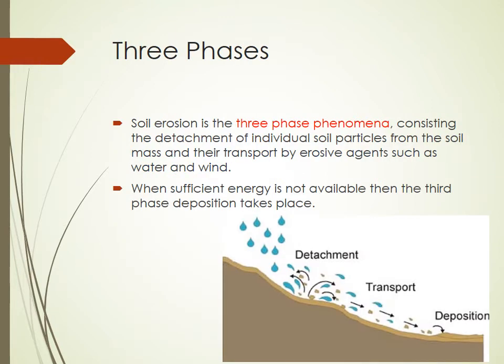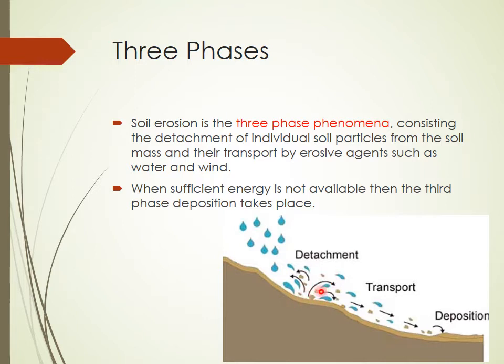The next one is that soil erosion is a three-phase process, and the first one is detachment. The blue color here represents the rainfall. When rainfall hits the ground, it detaches the soil particles.